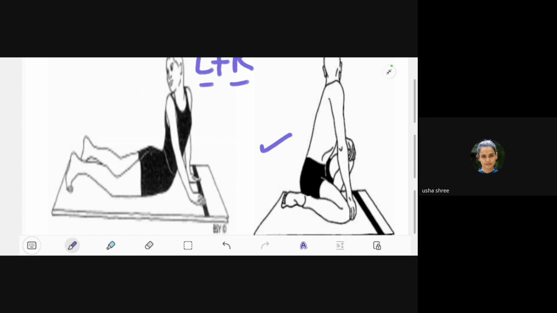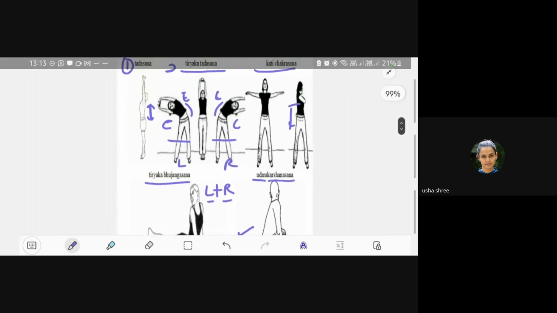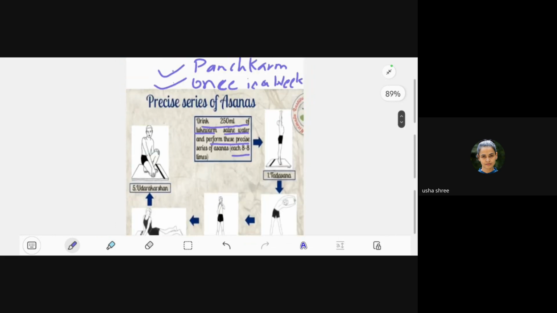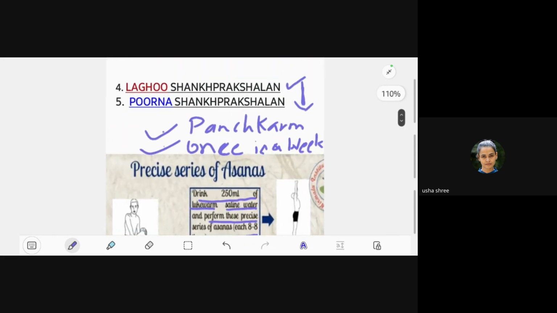This helps us take out the feces from the body through the anus. So these are the five asanas. If they ask you what the five asanas performed during prakshalan are, Purn or Laghu, any, these five asanas shall be named.